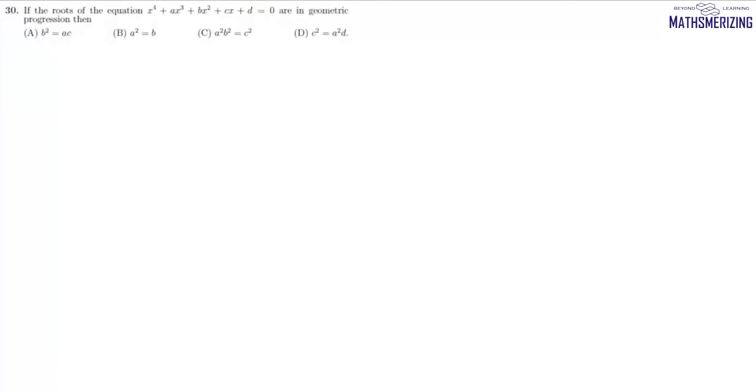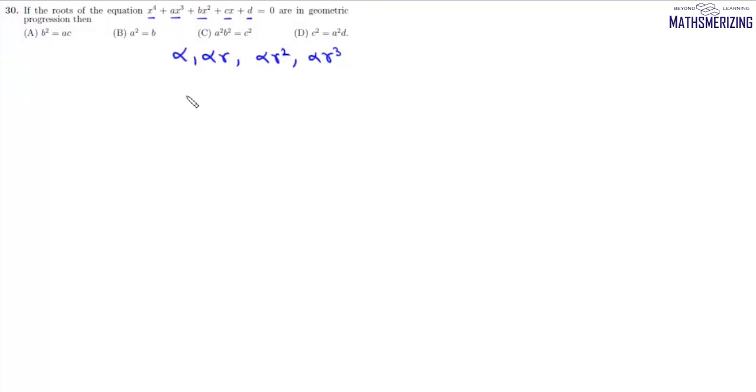Now question number 30 is, if the roots of the equation x to the power 4 plus ax cube plus bx square plus cx plus d equals 0 are in GP, then which of the following options is correct? Now let the roots be alpha, alpha r, alpha r square and alpha r cube. Now we can find the sum of roots.